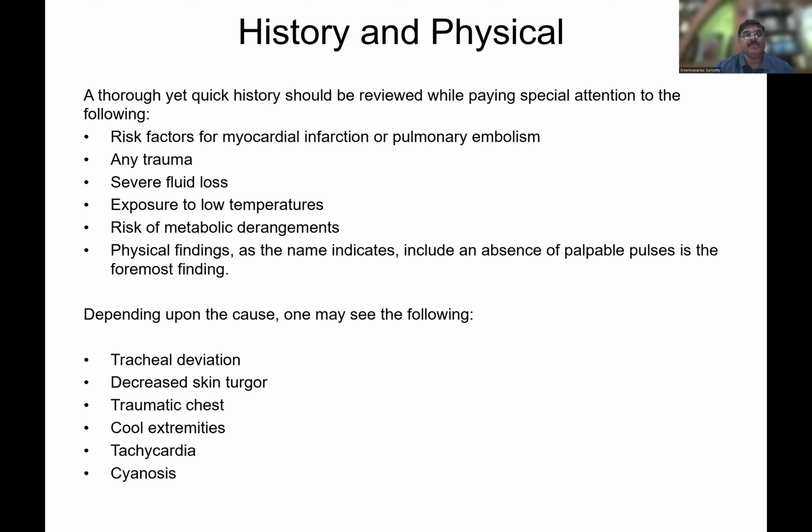Depending upon the cause, you may see tracheal deviation; in massive pneumothorax, the trachea will be deviated to the opposite side. In severe hypovolemic cases, decreased skin turgor occurs. In a traumatic chest, you can find cardiac components, and cool extremities with hypothermia, tachycardia, and cyanosis. These are all the different signs you can find in pulseless electrical activity patients.